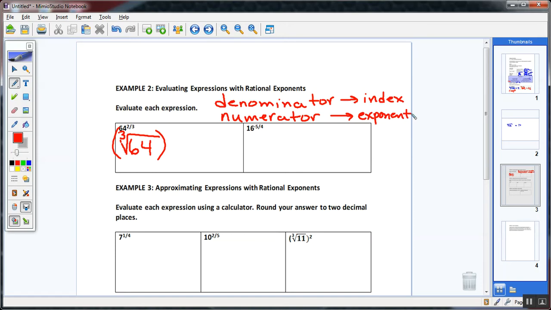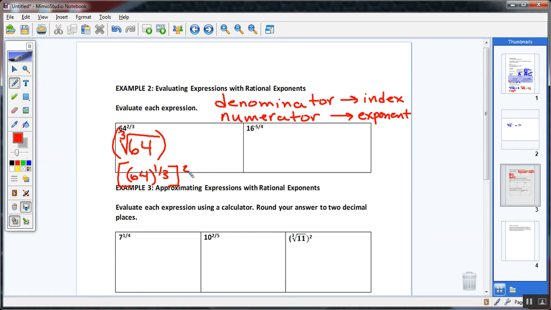Let me show you why. First of all, cube root of 64 is the same as 64 to the 1/3 power. Same thing, right? Then I could take this and square it. What's 2 times 1/3, kids?